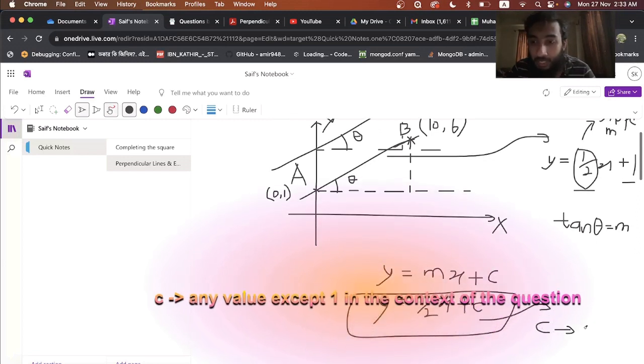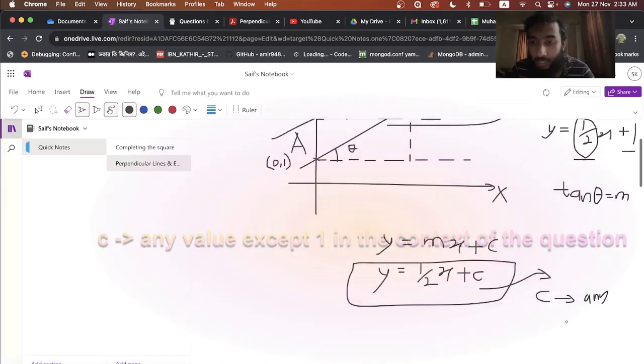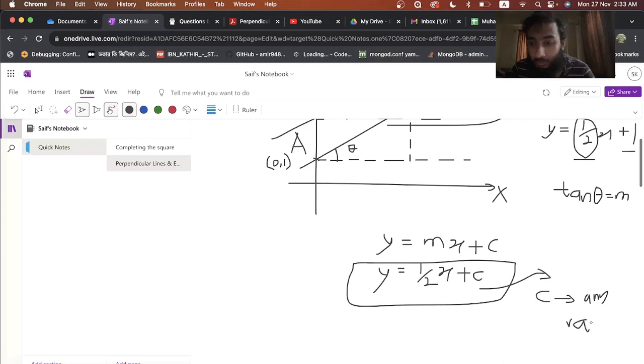So c can be any value except 1, or I can write in technical terms c not equal to 1.